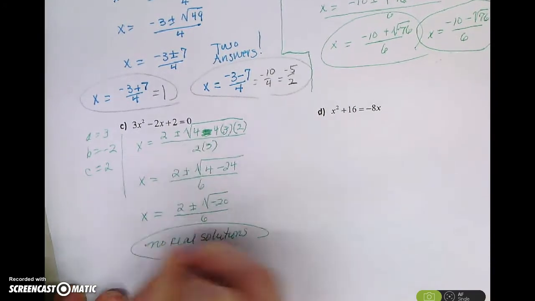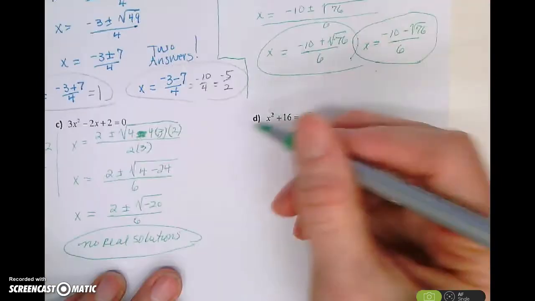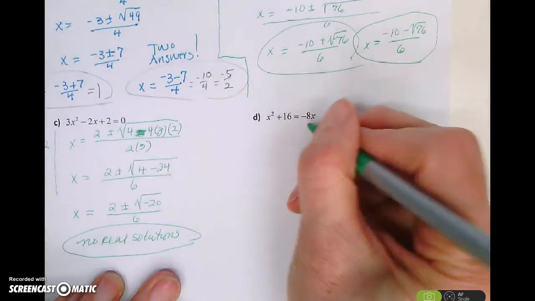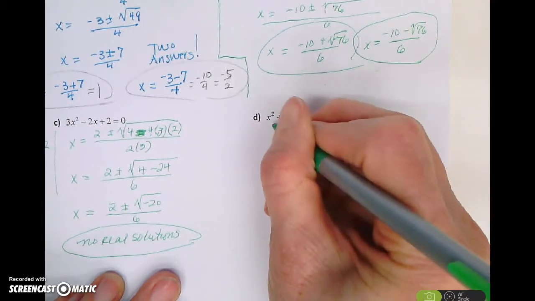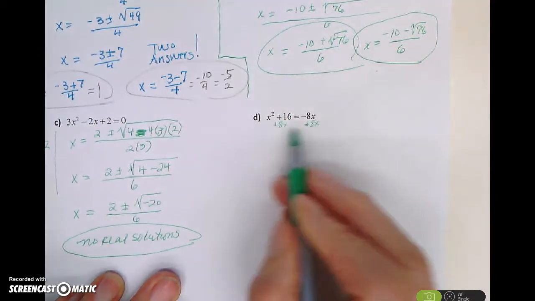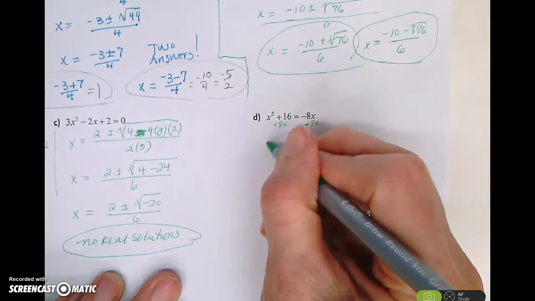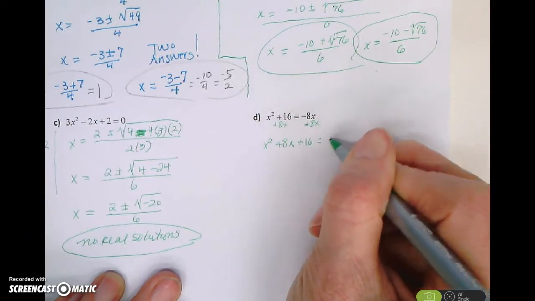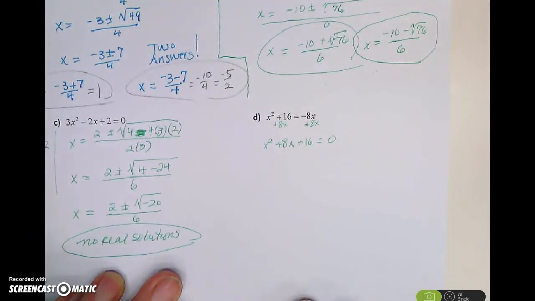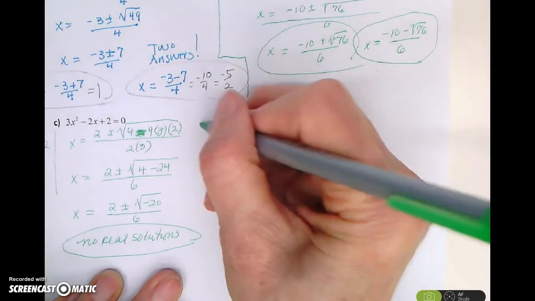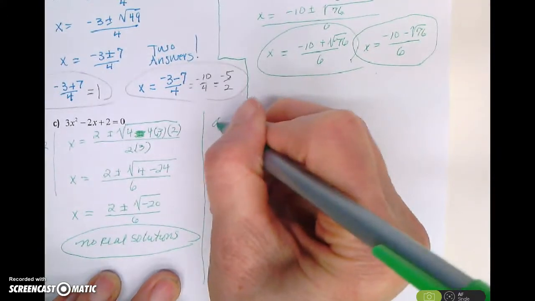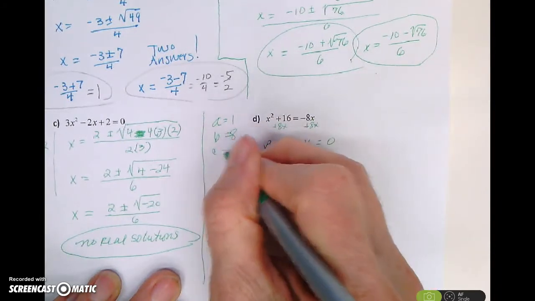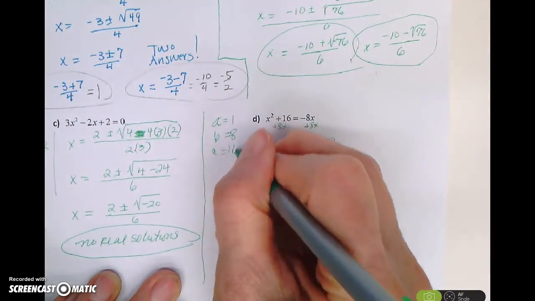For example D, this time you notice it's not in that standard form, so I'm going to need to add the 8x to both sides, and I need to put it in the right spot. So this is going to be x squared plus 8x plus 16 is equal to 0. So for this problem, we'll have that a is equal to 1, b is 8, and c is 16.